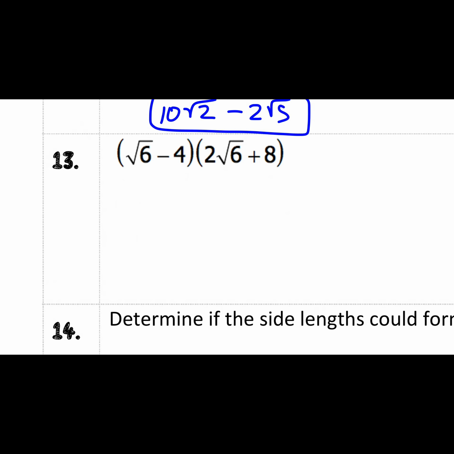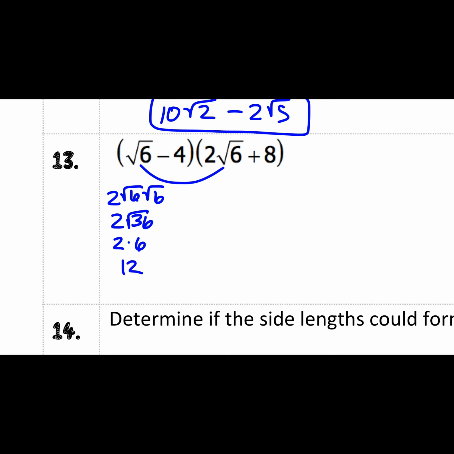Okay, taking a look at problem number 13. Here we are again multiplying and then combining, and we're multiplying by foiling, or you can use box method. So I do 2 times the square root of 6 times the square root of 6. So I get 2 square root of 6 square root of 6, which is 2 square root of 36, which is 2 times 6, which is 12.